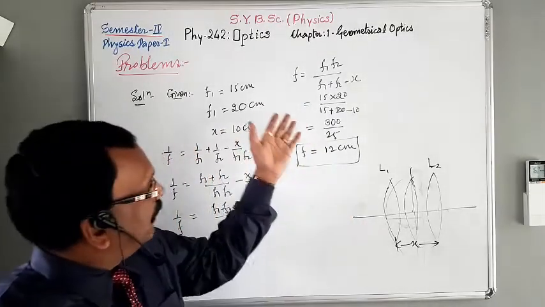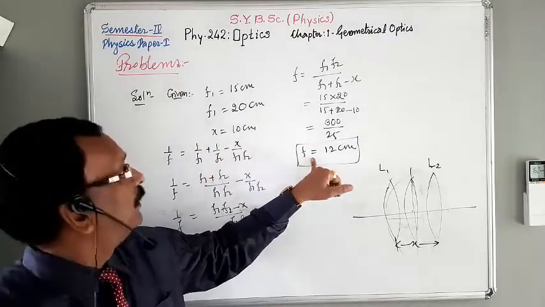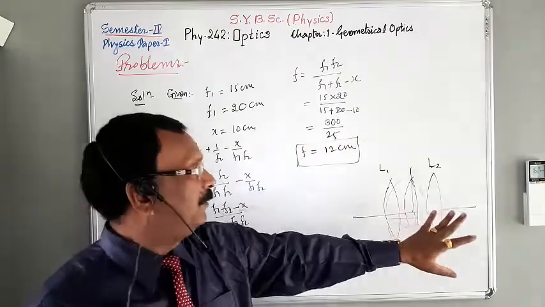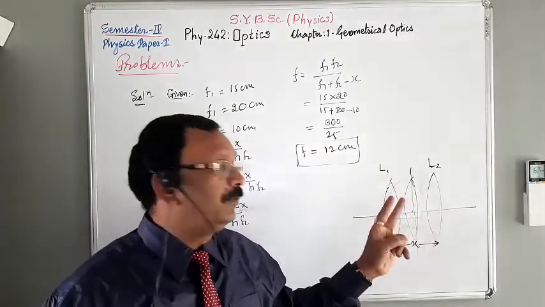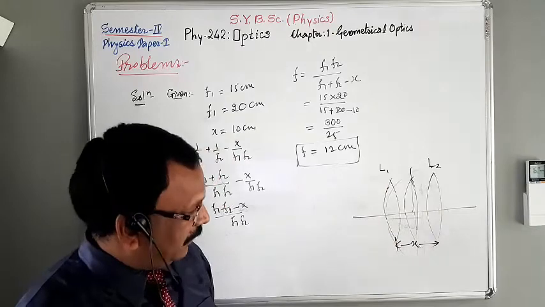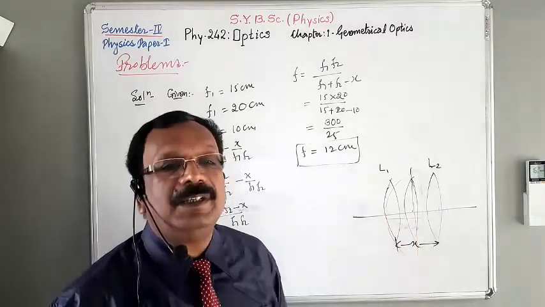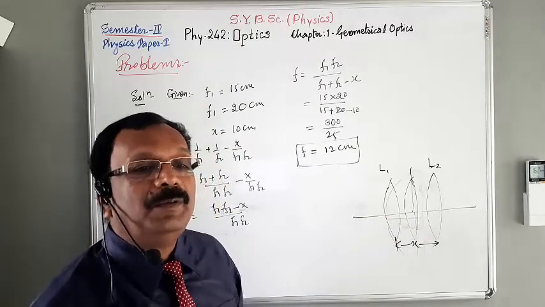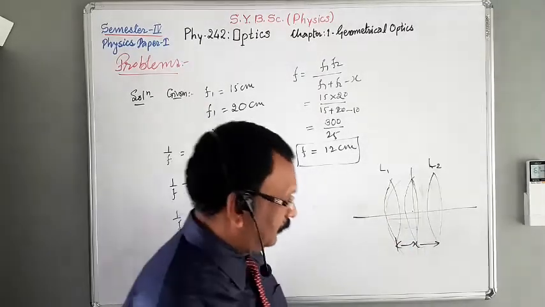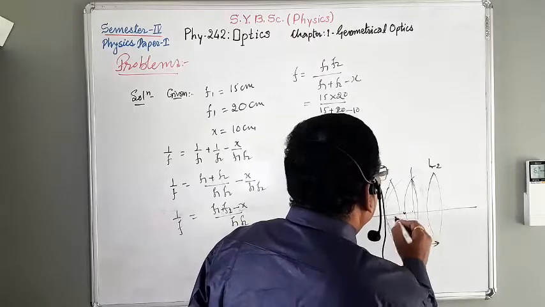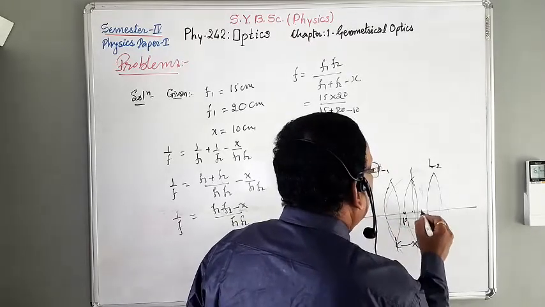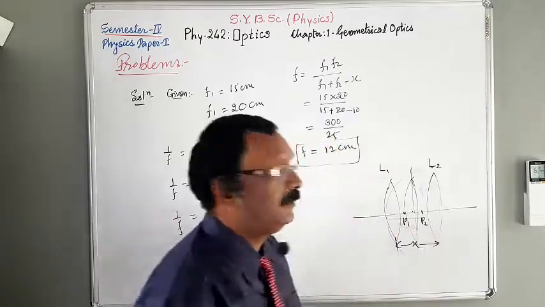Suppose this is the given data and this is the equivalent focal length of the given complex system, which has two convex lenses L1 and L2 separated by a distance of 10 centimeter. Now what will be the first principal point P1 and second principal point P2?